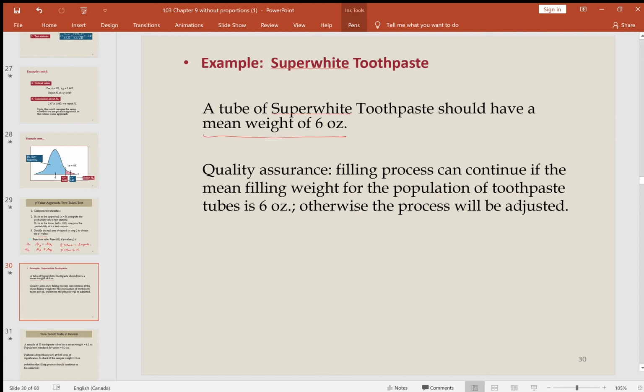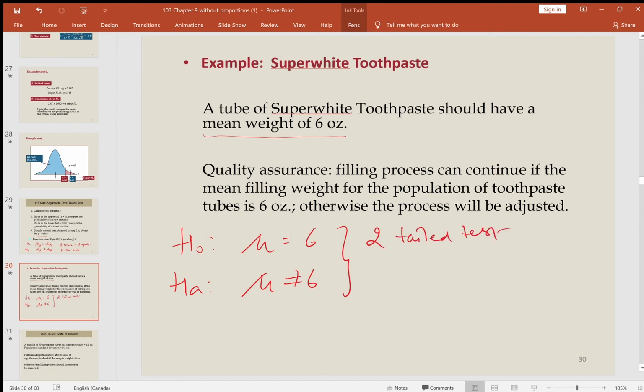So it's a typical quality control problem, because the machine can continue to function if the mean filling weight is around 6 ounces. Otherwise, you will have to stop the process and readjust the machines. Okay, so in this case, the null is mu is equal to 6 ounces, and the alternate is mu is not equal to 6 ounces. It's a two-tailed test.